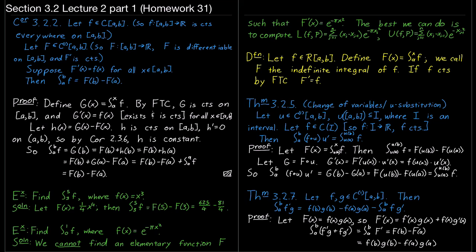And then our integral, remember by linearity of integrals, is equal to the integral from a to b of f g prime, plus the integral from a to b of f prime g. And then all you have to do is move this term over to the other side, and that completes the proof.